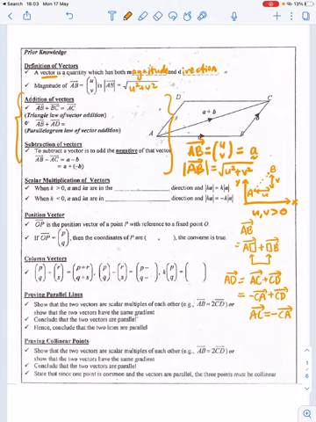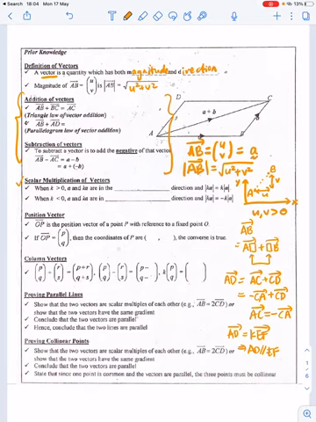Alright, let's do the next portion here, scalar multiplication of vectors. If I can express a vector, let's say AD, as k EF, what does it mean? It means that AD is parallel to EF. Makes sense?